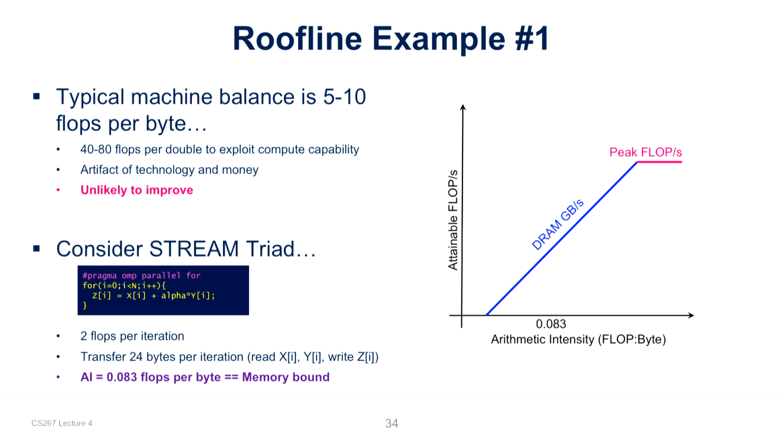So you end up having to use something like 40 to 80 floating point operations per double word load or store that you're doing in order to get the compute capability of the system. So in order to run at that peak flop rate, your ratio has to be somewhere around, say, 40 to 80 floating point operations per load or store.